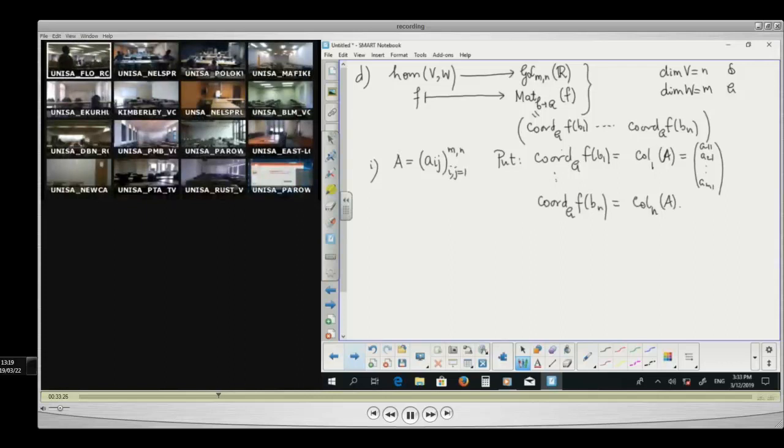How do I get hold? Let me take any x from V. I look into its coordinates.